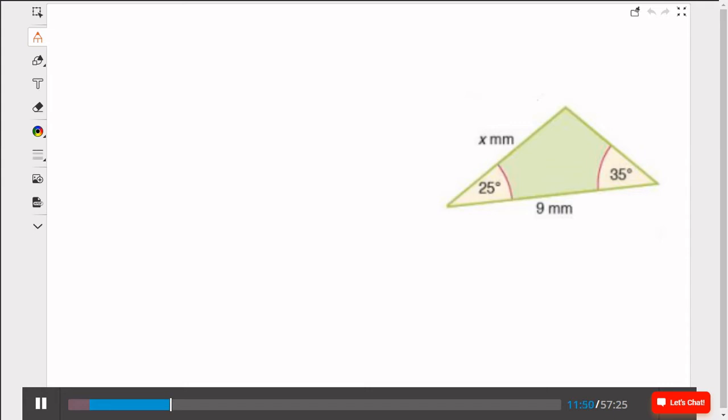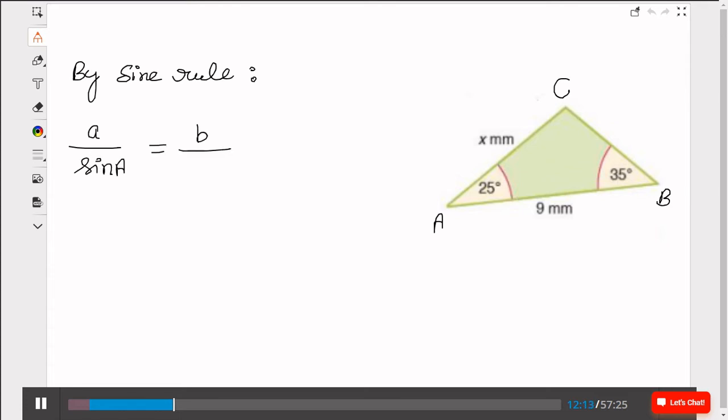If you want to rename it, let's rename it as A, B, C. And you know the formula by sine rule: a over sine A equals b over sine B equals c over sine C. This is opposite to the angle C, so that's why it's small c. This is opposite to the angle B, that's why it's small b.